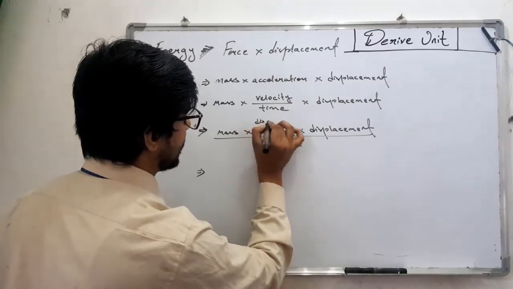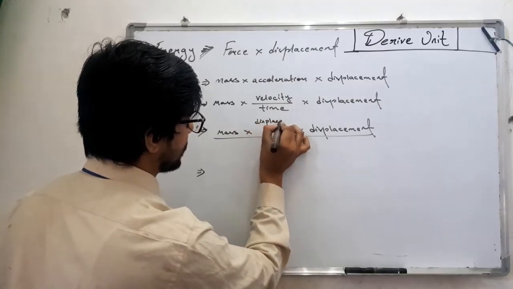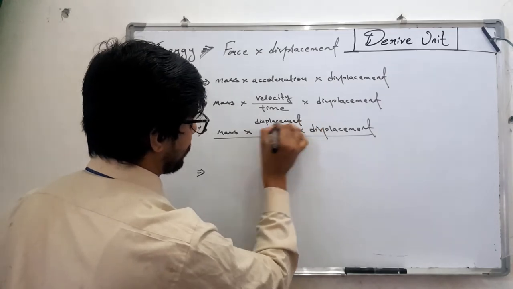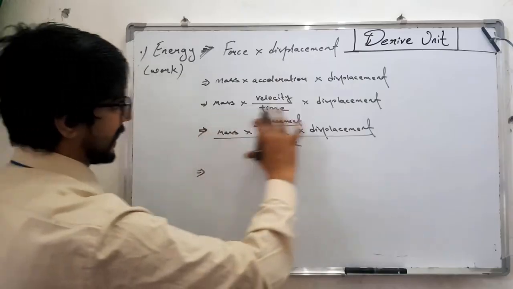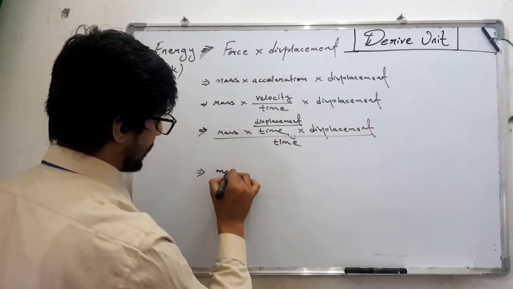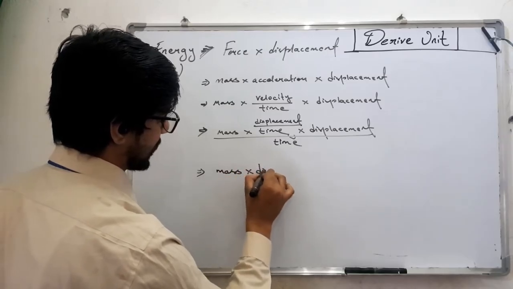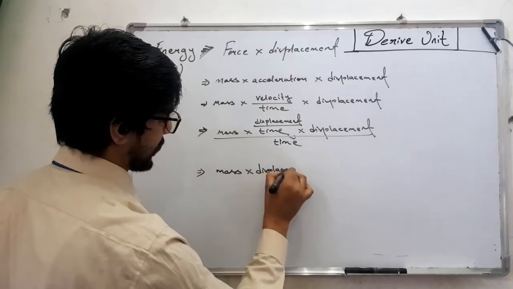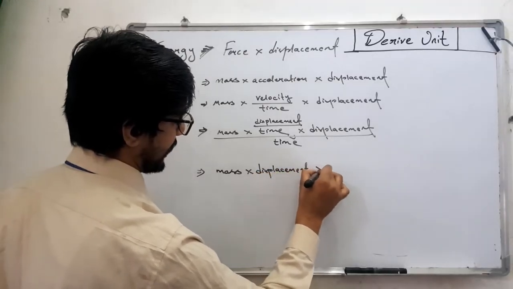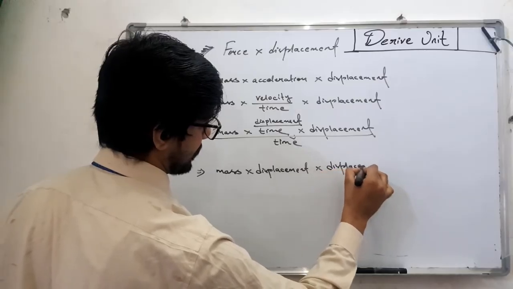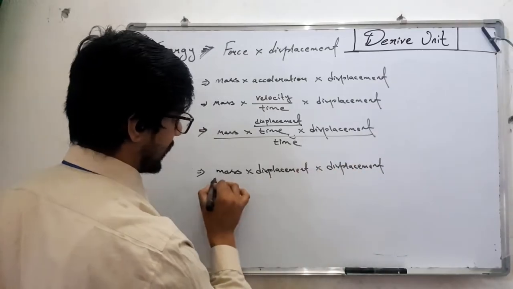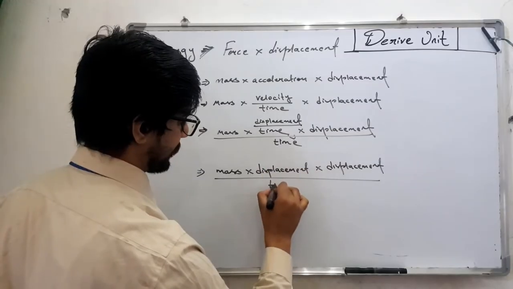So let's see, displacement by time. When you again arrange this, you will get mass into displacement into displacement by time into time.